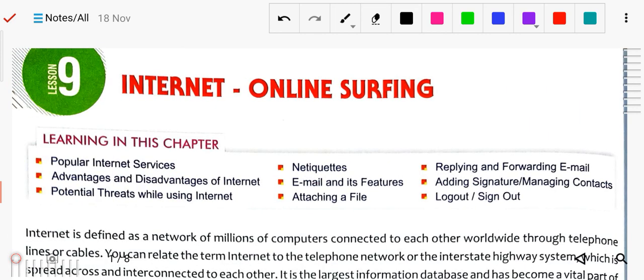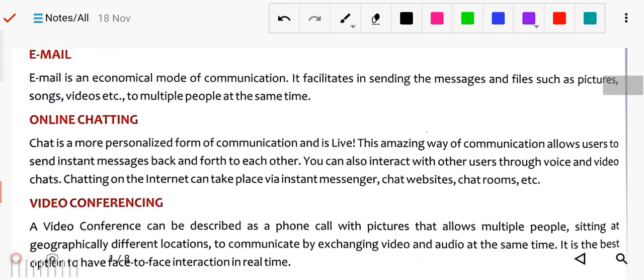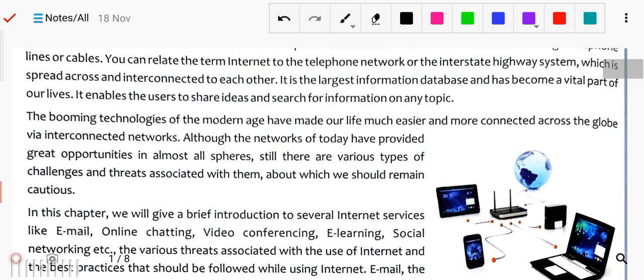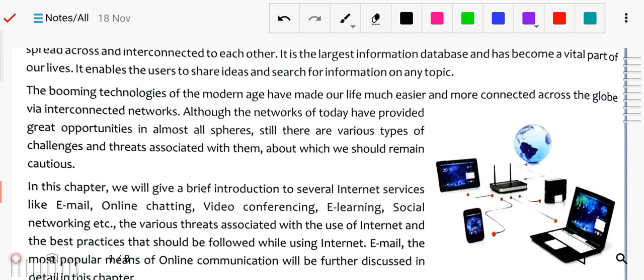Now, so what is internet? Internet is a network of networks, or you can say it is a network of millions of computers interconnected to each other worldwide, okay. Because of this internet, the booming technology of modern age has made life easier and more connected across the globe via interconnected networks.